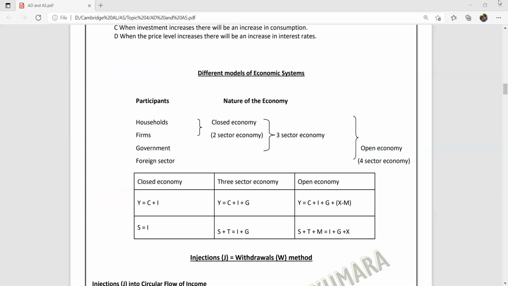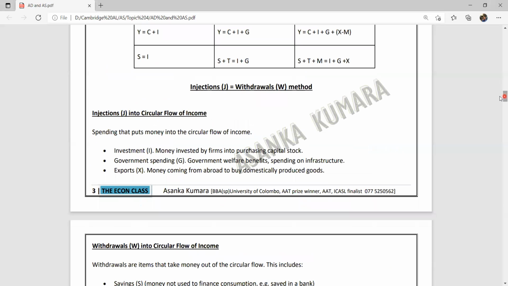So next one, I added further explanation of the injections and withdrawals method. Injection into the circular flow of income is spending that puts money into the circular flow. So as I told you, investment, government spending, exports.